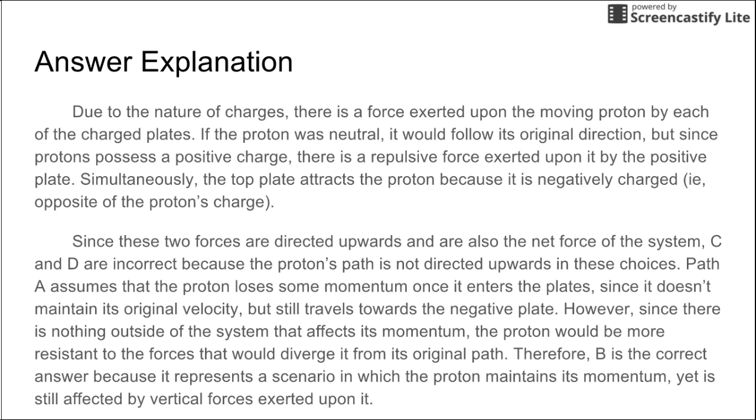The only forces that are apparent are those from the plates. So that wouldn't make any sense. B is the only one that's correct because it takes into account the constant velocity, the momentum of the particle, as it's going to want to continue going in its direction, as well as factoring in the acceleration that it experiences towards the negative plate.